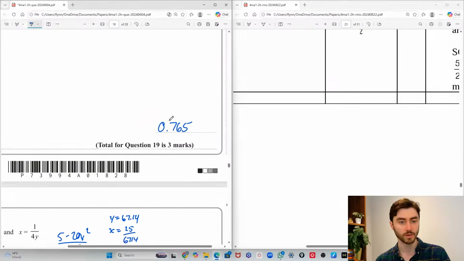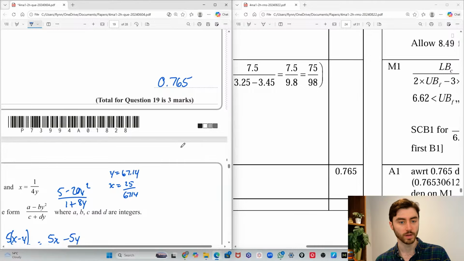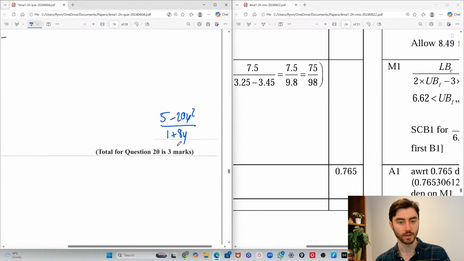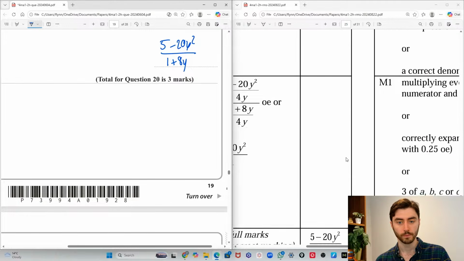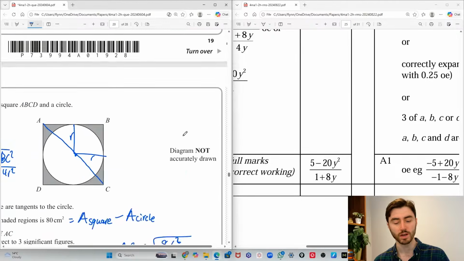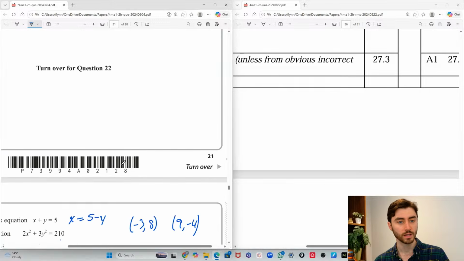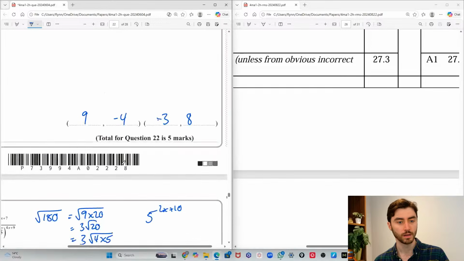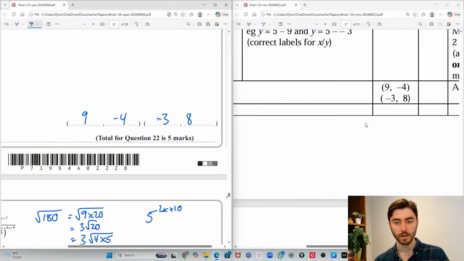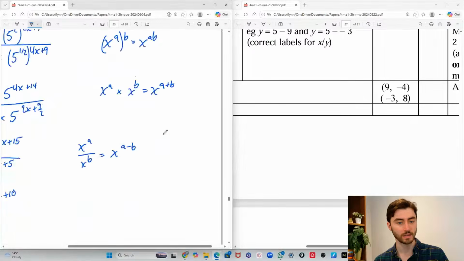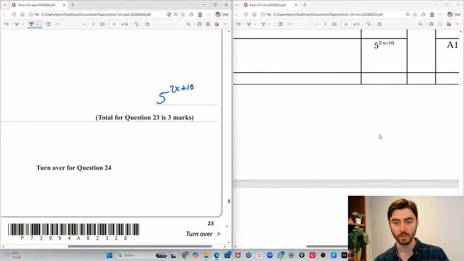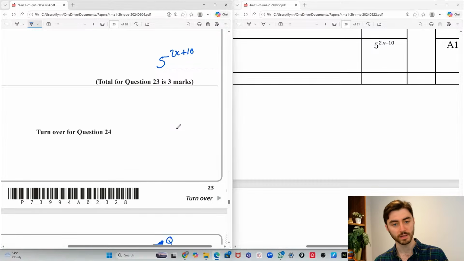A quarter root D. 5 over 2. 0.765. 5 minus 20y squared over 1 plus 8y. 27.3. 9 minus 4 and minus 3, 8. 5 to the 2x plus 10.